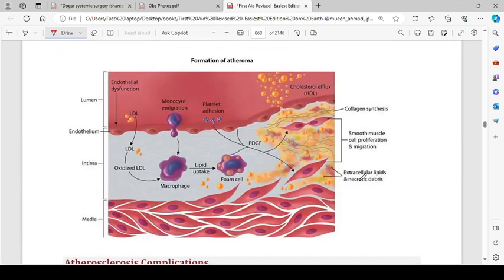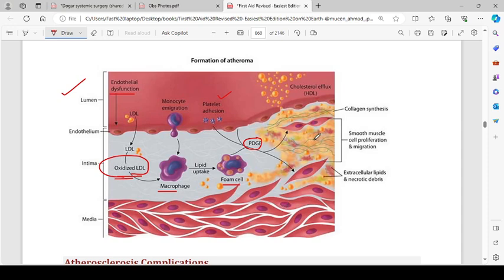So this is a very good definition, good diagram. It all starts from here. Firstly, there will be endothelial dysfunction. LDL will start entering the intima. It will become oxidized by the free radicals. Macrophages will engulf that and they will become foam cells. Platelet adhesion will occur on the endothelium, which will secrete platelet-derived growth factors. This platelet-derived growth factor will cause the smooth muscle cells to become de-differentiated, which will come into the mix.